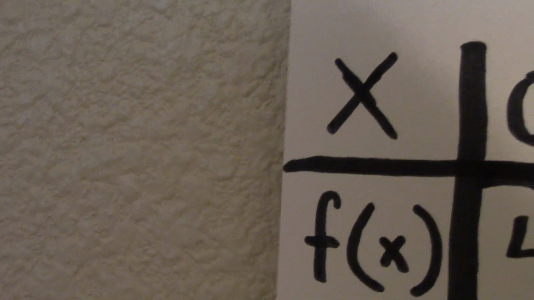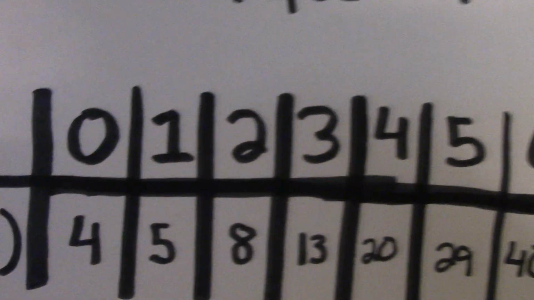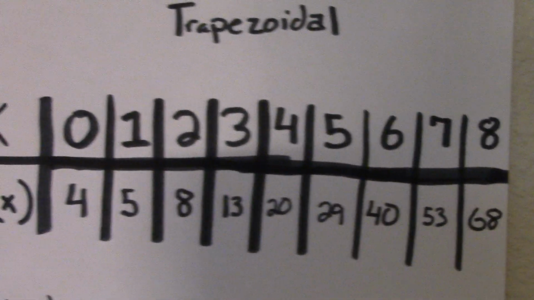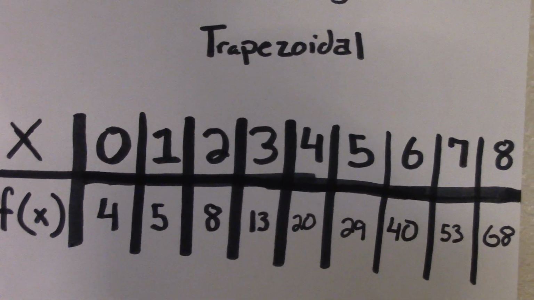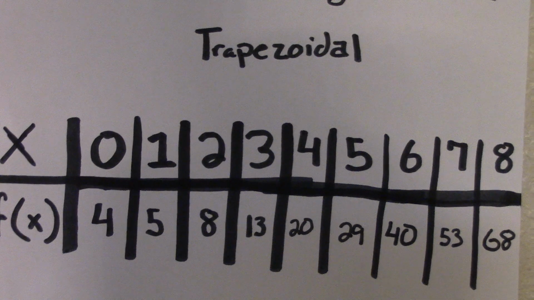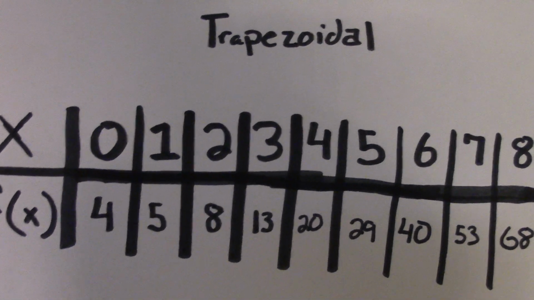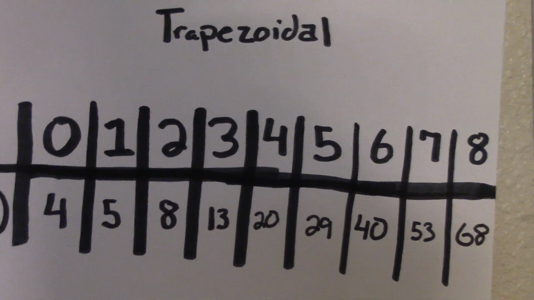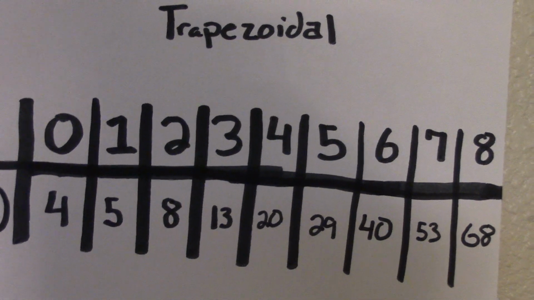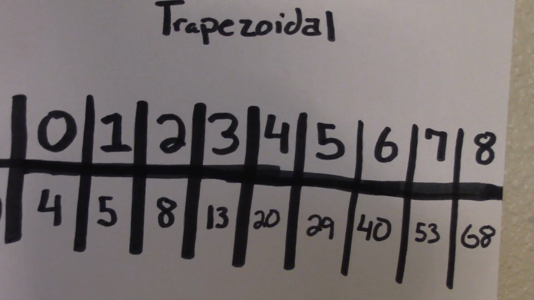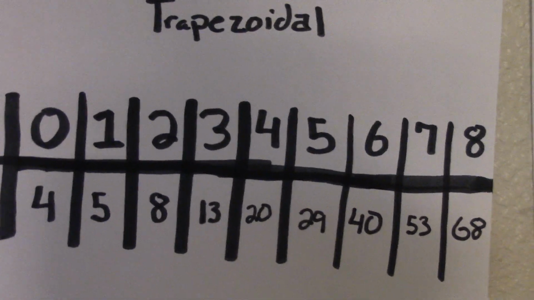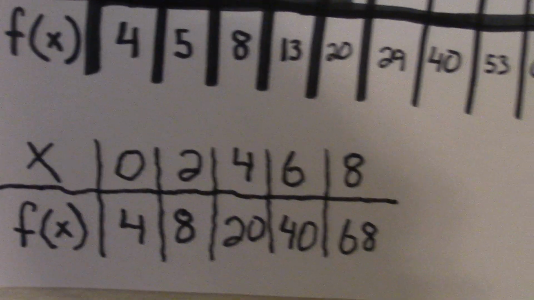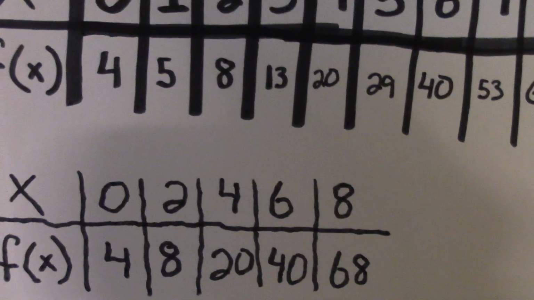So what I did first was I calculated the x and y values of all values, 0 to 8, and you can see them right there. And then the problem said that I needed to do four subintervals of that range, which this whole range of 0, 1, 2, 3, 4, 5, 6, 7, 8 would then turn into just evens, being 4 subintervals.